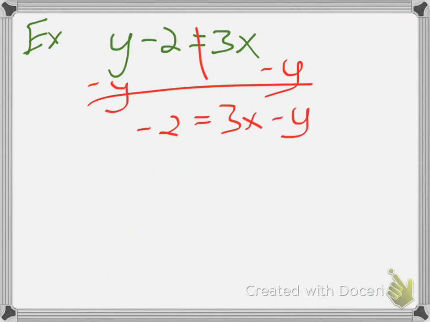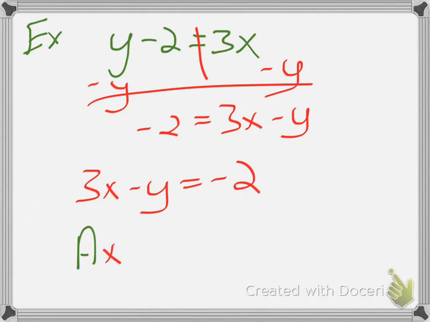Now I can rearrange this now that I have an equal sign. This is the same thing as saying 3x minus y equals negative 2. I just put it in the backwards order. Now, does it look like our standard form? Ax plus by?